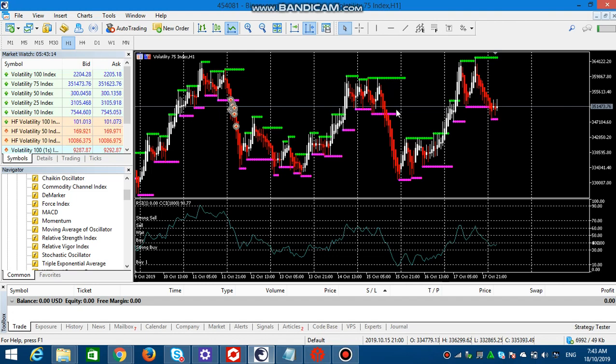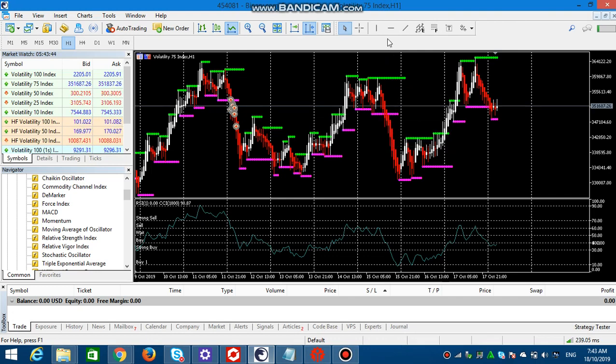Resistance is an area of price where the candlesticks travel to that point, are rejected, and go back down. Support is an area where the sellers go there and are rejected, and then the price goes up. So it's the opposite of resistance. Resistance is represented by the green dots. Support is represented by the purple dots.